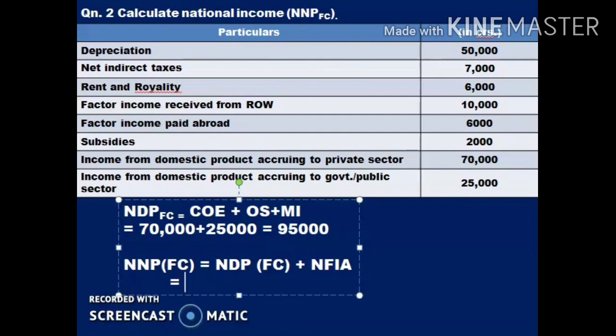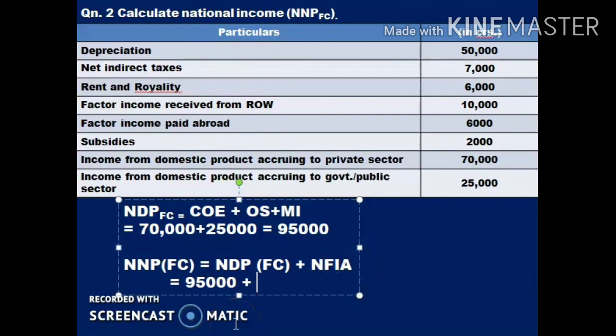We found NDP-FC as 95,000, plus the direct value of NFIA is not given, so it's given as factor income from abroad minus factor income to abroad. So you subtract, and you will find it.